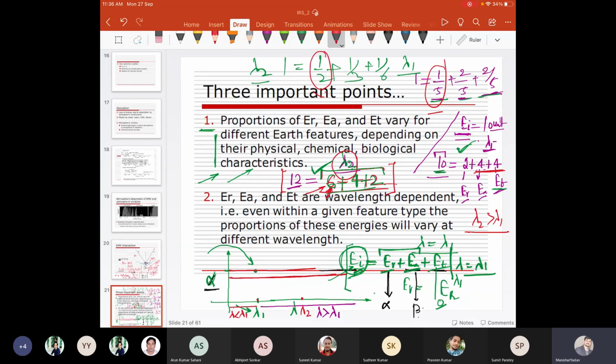We are getting 0.2. Let's say somewhere here we have 0.2, but here we are getting 0.5. So the curve will be like this. This curve indicates that if you change the wavelength, then the alpha value will change.